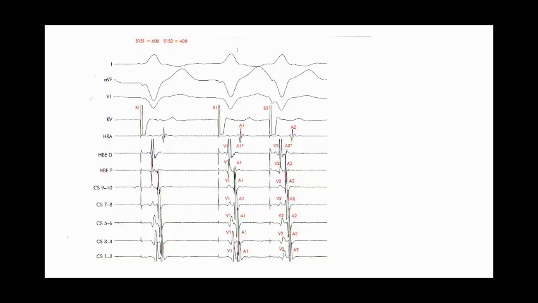I have different types of pacing. I have straight pacing. What's meant by straight pacing is that I'm pacing at a fixed rate, like a 600 millisecond interval, or more or less, but it's fixed, and maybe I increase it during pacing. And I have what's called extra stimulus testing.